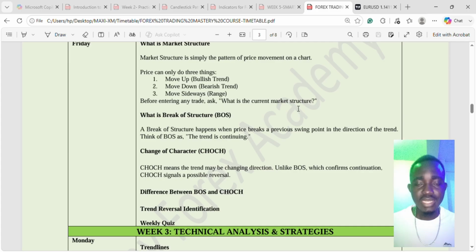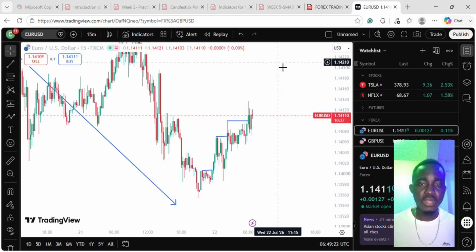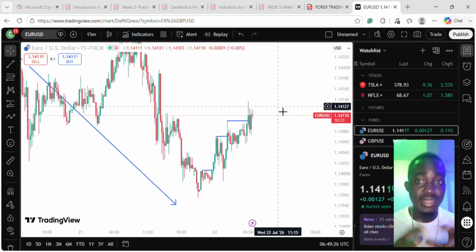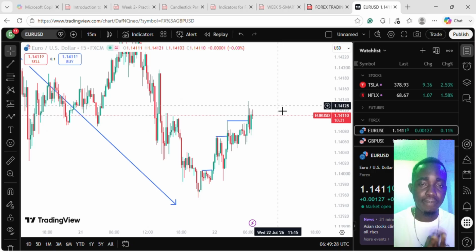Now remember, three things that happen in the market. The market is either going up, the market is either going down, and the market is either ranging at any given time. Okay, so you have to understand what time you enter the market. You cannot come during midday when the market had already gone down or up and you want to enter the market.